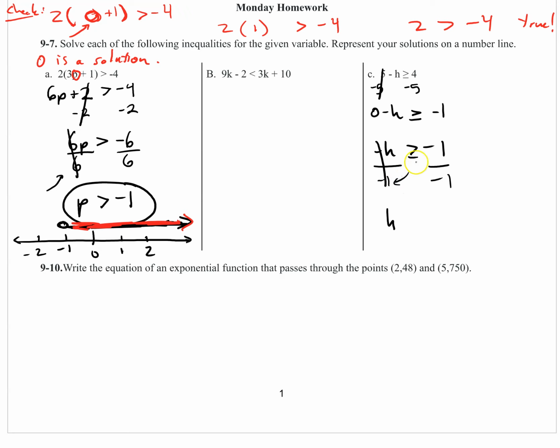Because I divided by a negative number, I have to flip the inequality. -1 divided by -1 is 1. Alright, I'll let you graph it on the number line, and then you can check your answer as shown.